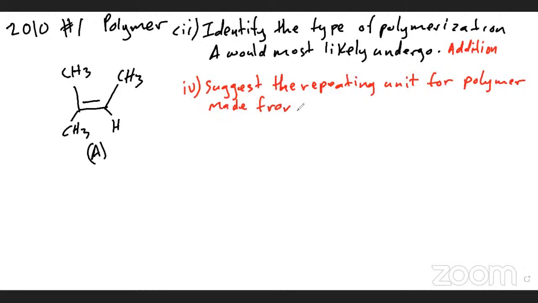So what should I do to this structure to get the repeating unit? What did I tell you to do? Break the double bond, sir. Right. And then do what else? Connect it to the same unit, add the other monomers.